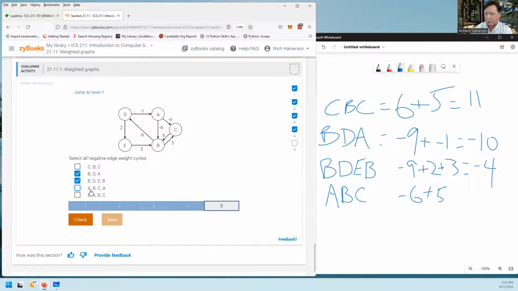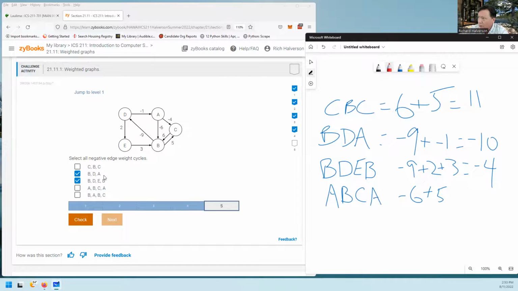A to B is -6, B to C is +5, and C to A. C can't go to A. So I guess that's not valid, because C cannot go to A. It's not possible, so I'm not going to check it.